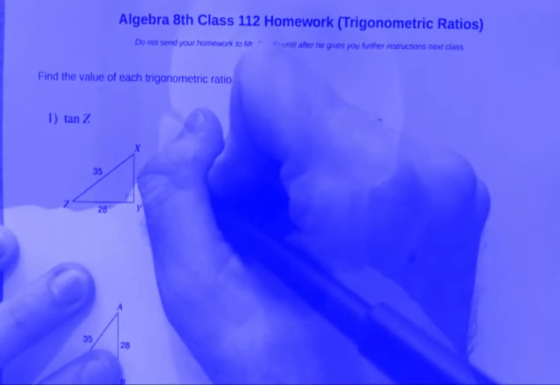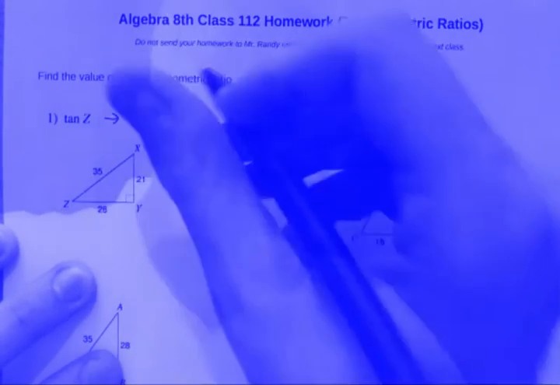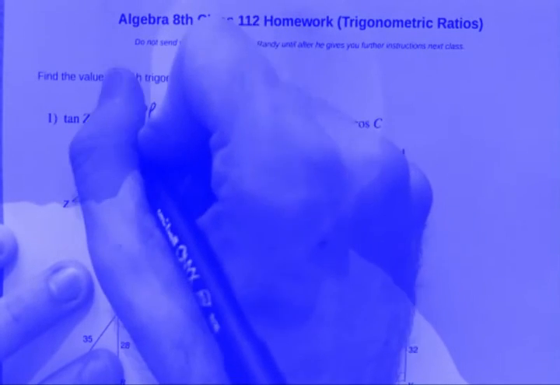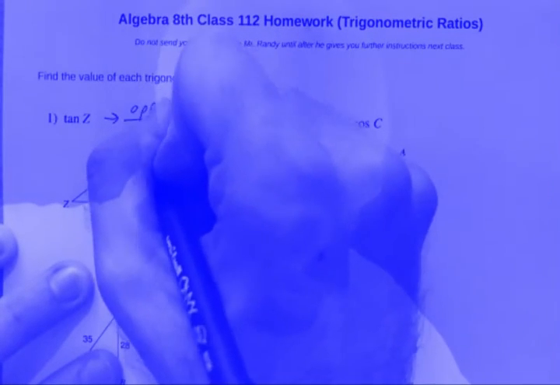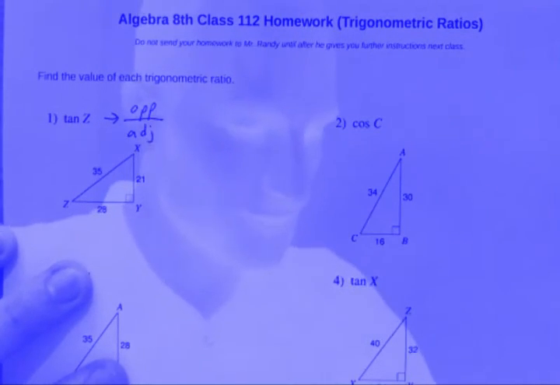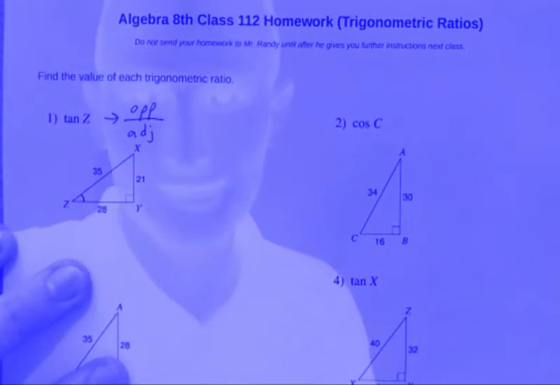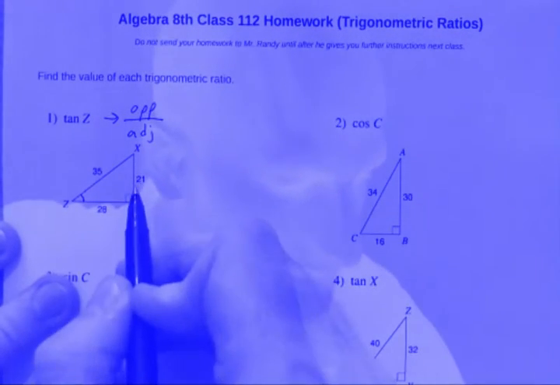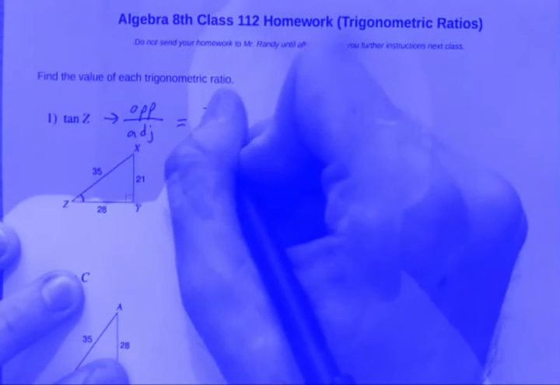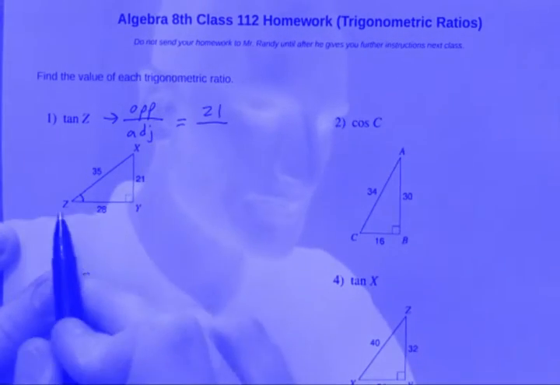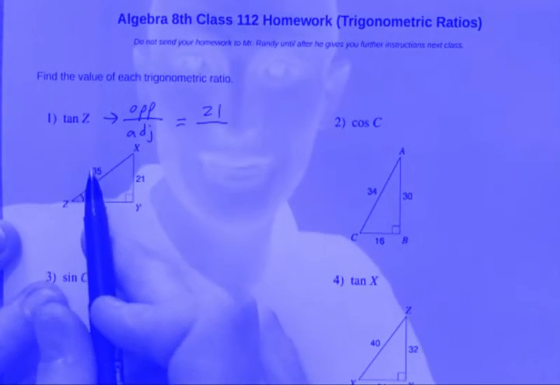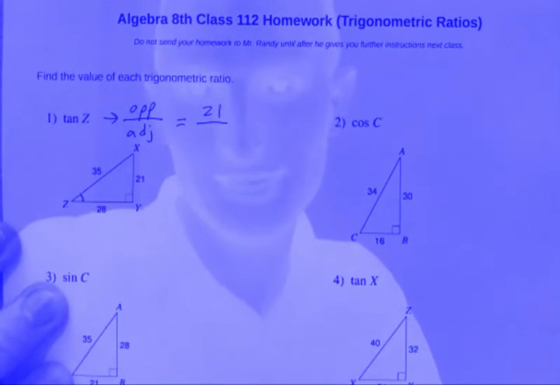So tangent of z, we know from what I just taught you, is opposite over adjacent. So from z, they said z is the reference angle. So opposite is 21. And then adjacent, we know the hypotenuse is opposite the right angle. So this 35 is not the adjacent.